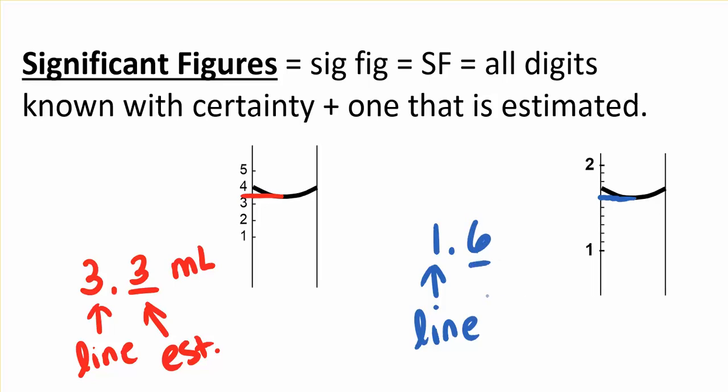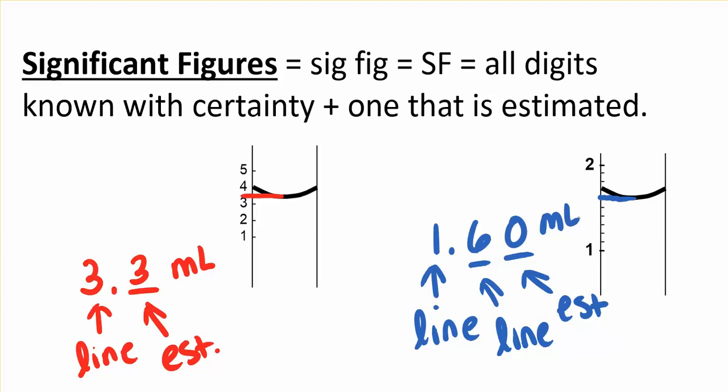So there's a line for that. And then we need to estimate one in between. We always estimate one digit. Since that appears to fall right on that little line, I'm going to estimate a 0 here. And that completes my measurement. So always look at what your smallest line represents, and then you'll go one place beyond that.